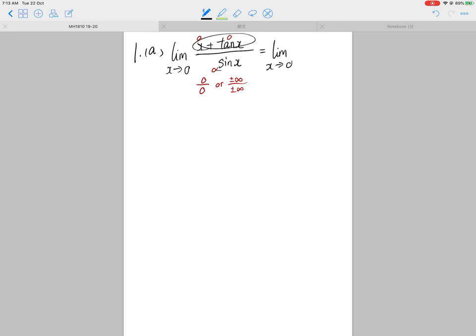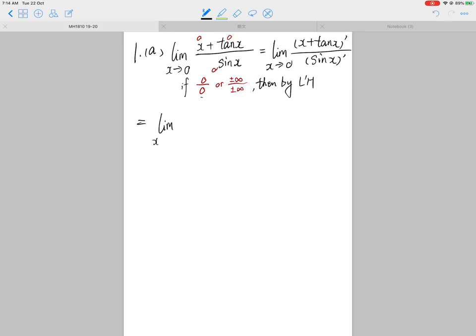This over this, the limit is this thing's derivative over this thing's derivative. If this is true, then we can use L'Hopital's rule. By L'Hopital's rule, this equation is true.